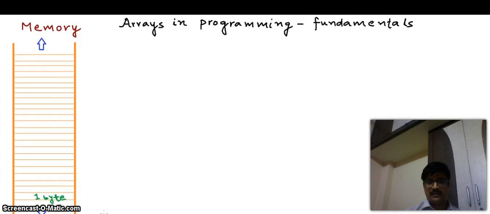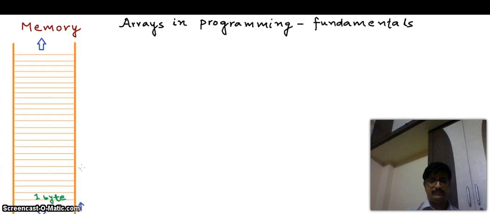Now, in computer architecture, each byte of memory has an address. Let us assume that the bottom most byte, which will be somewhere deep down here, has address 0. And as we go towards the top, the address increases: 1, 2, and so on.